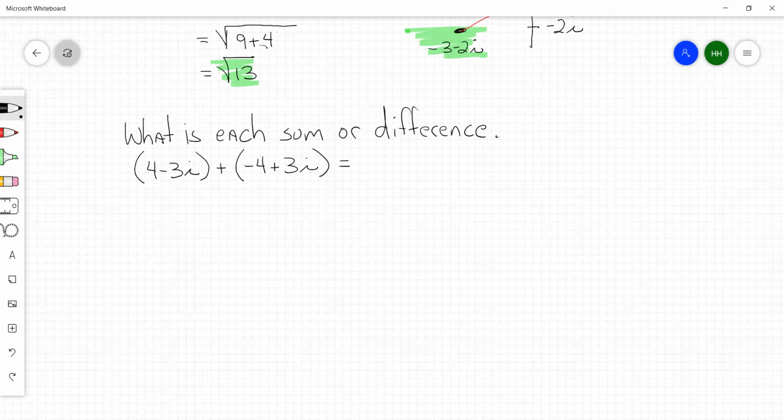So in this case, what you've got is a 4 plus a negative 4, right? 4 plus a negative 4. And then you've got a negative 3i plus a positive 3i. So this whole thing turns out to be 0 plus 0, which is 0.